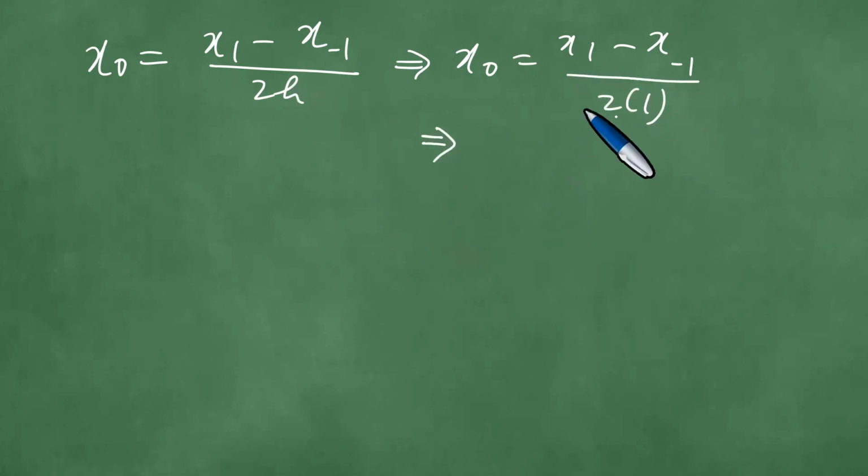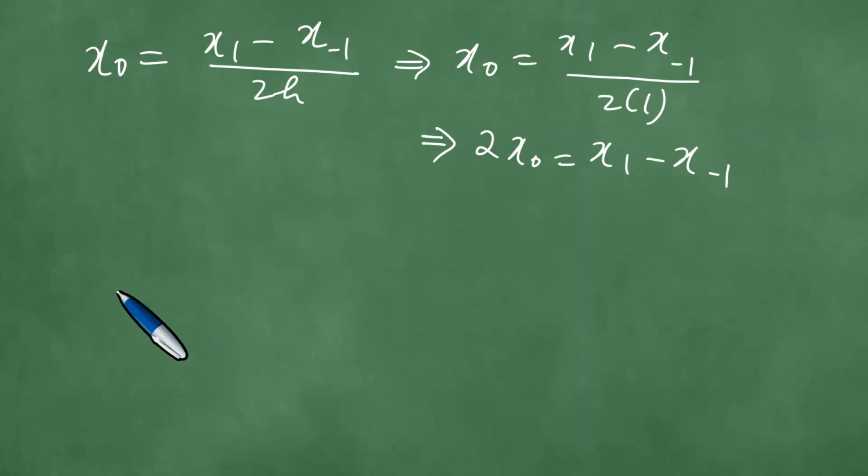So which means that we have 2x0 is x1 minus this.